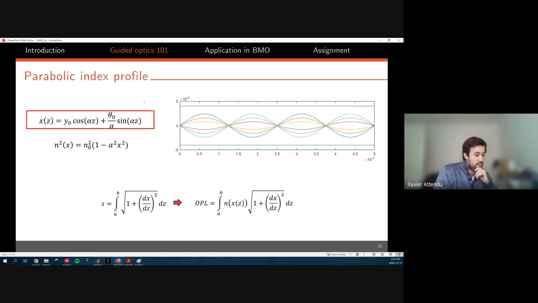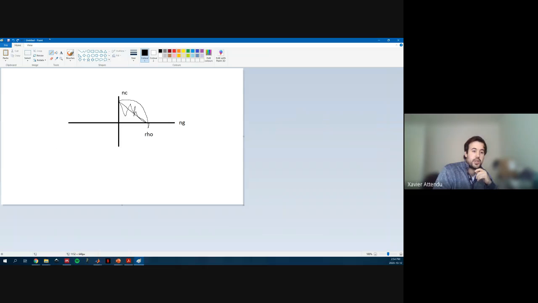Does that make sense, Vlad? Yeah. So the physical distance that they travel is different, but because of the index of refraction, so that's my bad. That's something that I should draw for you guys.